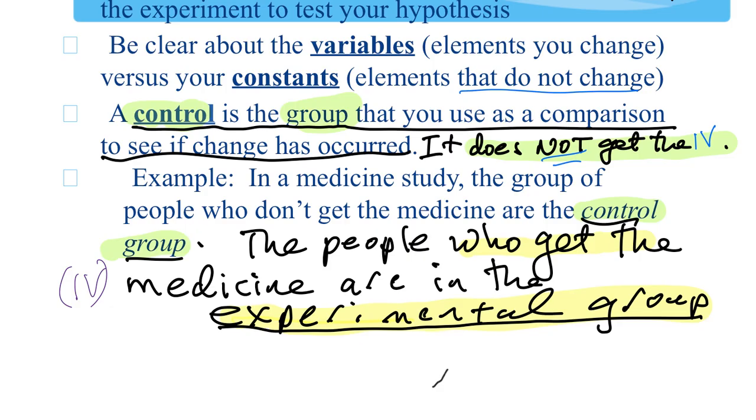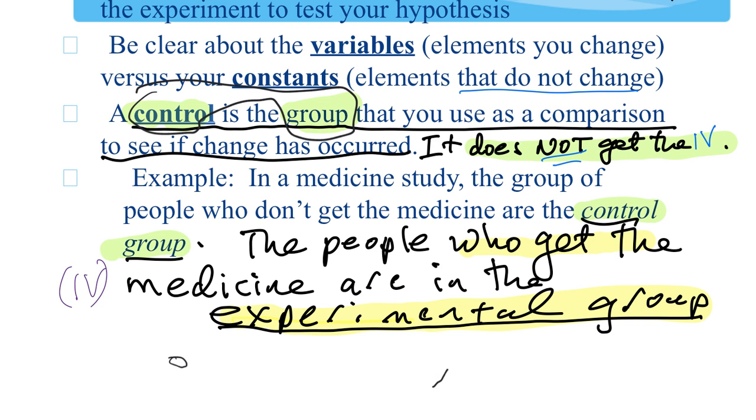Now, when you're running an experiment, you should have a control group, or just a control. A control group will not get the independent variable. It will not get the treatment. So if you had a medical experiment and you're testing out a drug, how effective the drug is in relieving muscle aches, let's say.